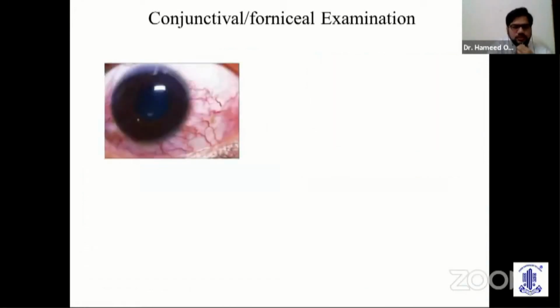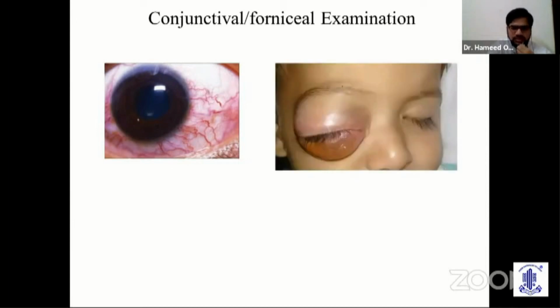And also, you should carefully look for dilated tortuous corkscrew vessels in the conjunctiva, which is seen in high flow carotid cavernous fistula, or chemosis in a case of rapidly expanding tumor, or a chocolate cyst in a lymphangioma.